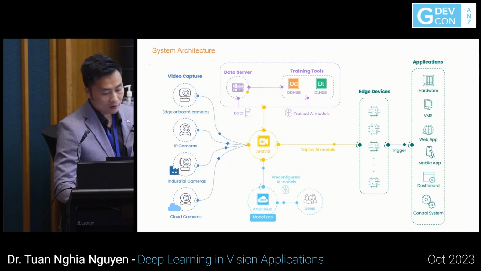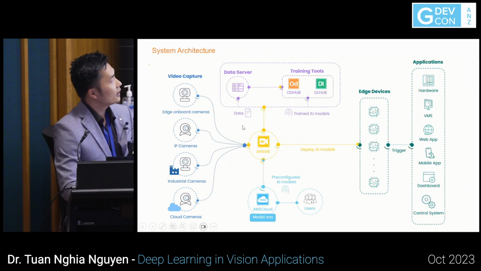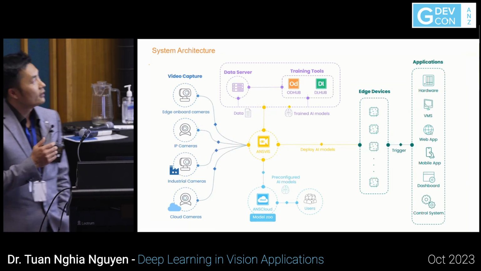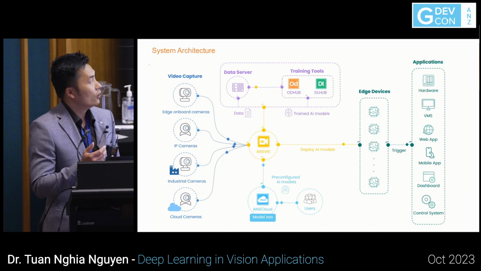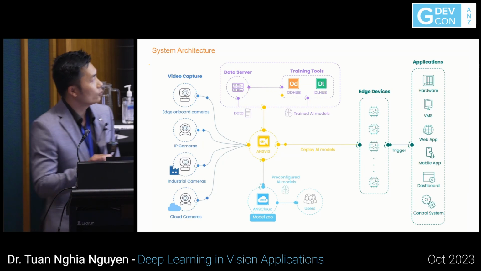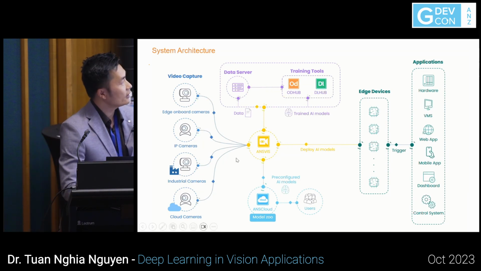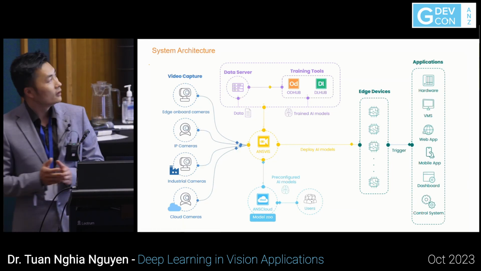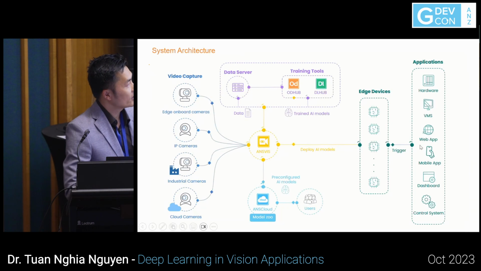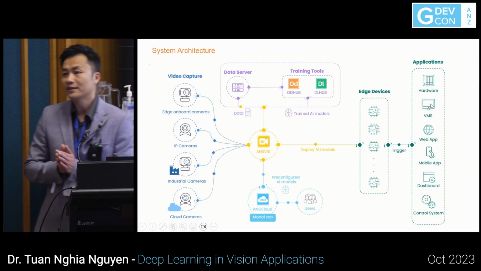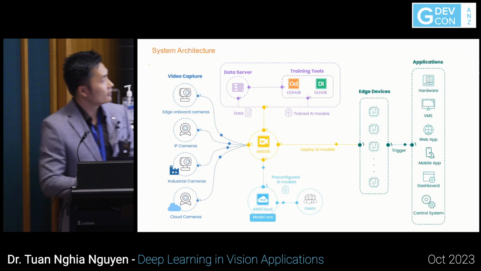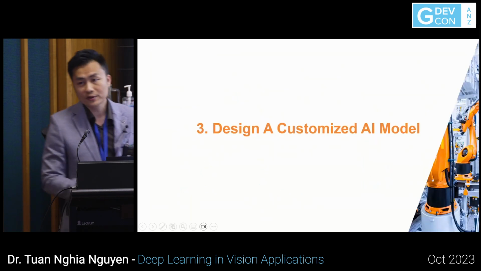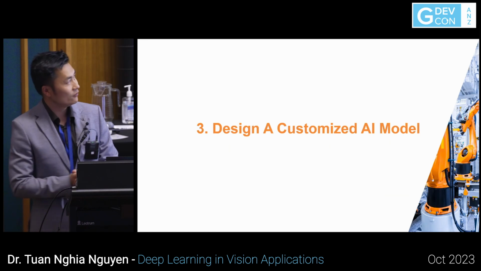And then we collect all of the data using our training tool, which is another tool set that allows us to design any customized AI model with a few drag and drops. And when we have the model, we use Unveil again and deploy the model onto the device, running as a standalone local inference engine, and then use some kind of trigger in order to talk to the existing application. That is the overview of the system, and then I will walk you through how we utilize it using the tools that we developed.